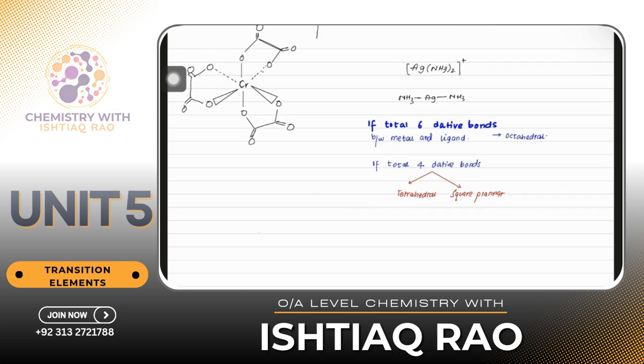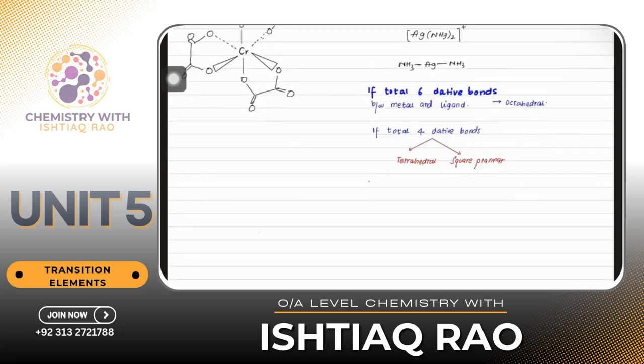And what if we have a total of two dative bonds? It's going to be a linear shape, where the bond angle is 180 degrees.